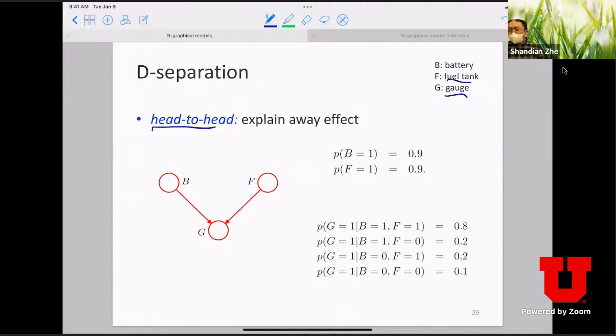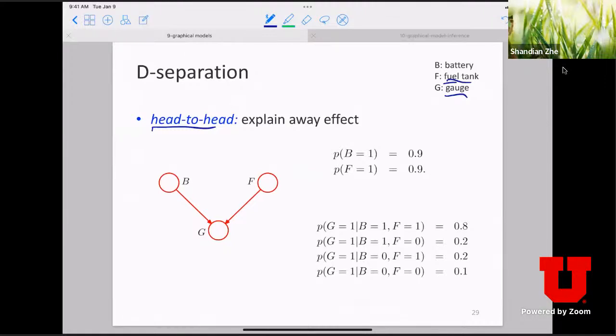For example, if your battery is dead, it's also possible to get a zero reading on the gauge. Why? Because your sensor is driven by the battery. So that means our gauge reading is not only dependent on the actual amount of fuel in the fuel tank, but also dependent on the status of the battery.